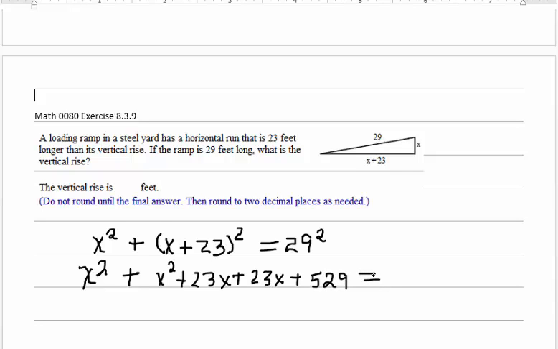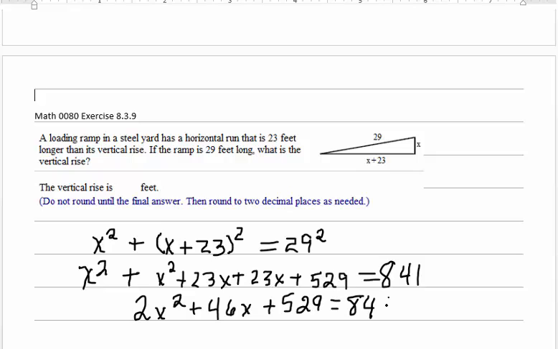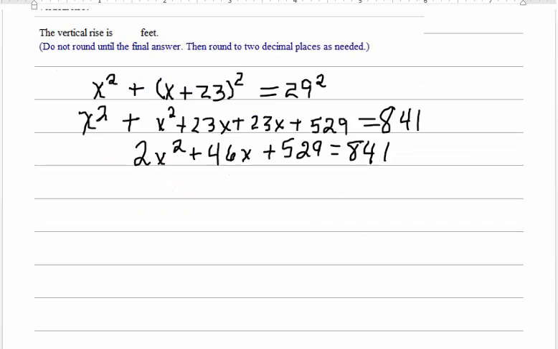That equals the square of 29, which is 841. So I have 2x squared plus 46x plus 529 equals 841. And then I'm going to subtract 841 from both sides of the equation to get it in standard form.